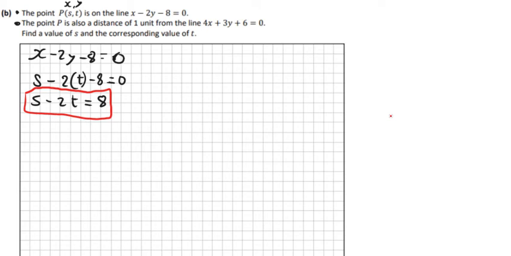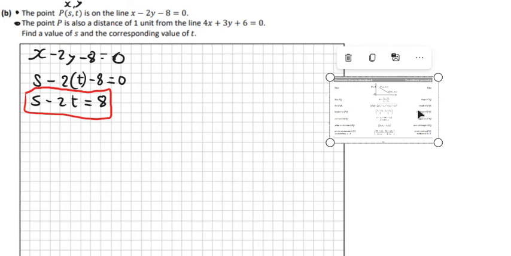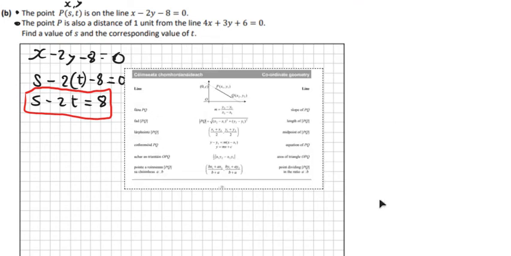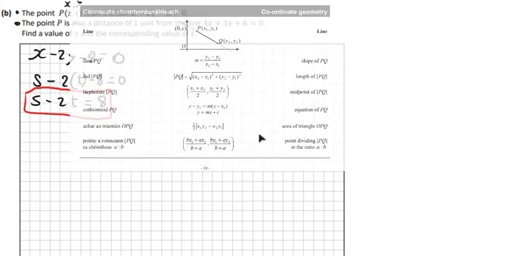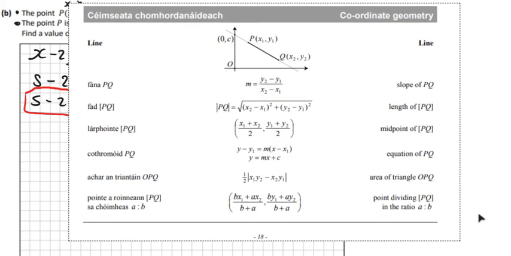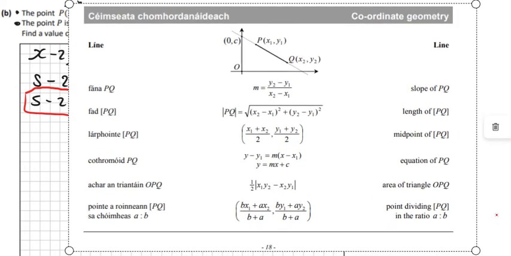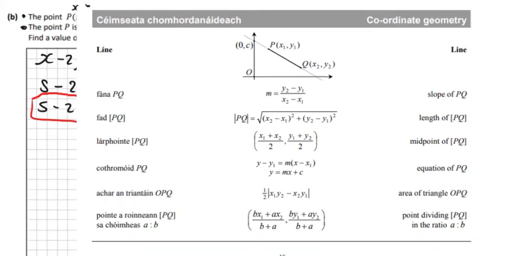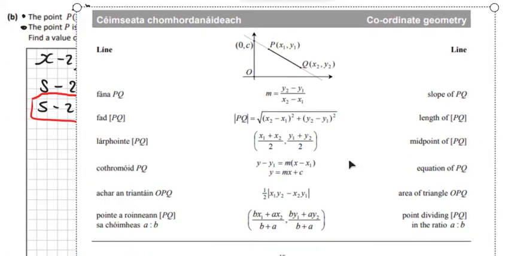For the other equation, it's distance from a point to a line. So if you look in your log tables there on page 18, and you can use this distance of a point to a line, and actually it's not on that page, I think it's on page 19.